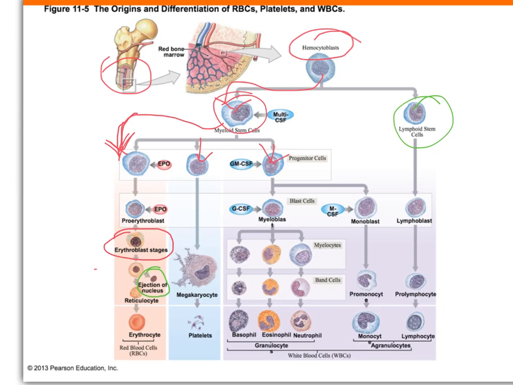So these gases have to be able to diffuse across the cell's membrane easily. If the nucleus and other organelles are there, it just takes up too much space, and we cannot do that efficiently. So it ejects it, and then what enters the bloodstream is the reticulocyte. Once that enters, it takes about 24 hours to complete maturation. And when it does, you have the erythrocyte.